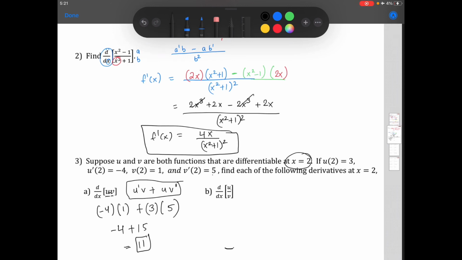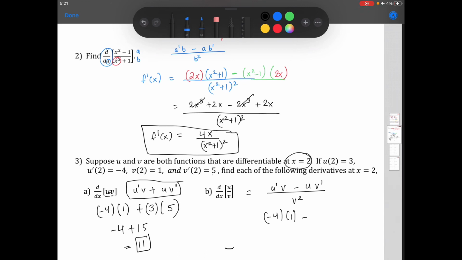Now it's telling you about the quotient rule. u is your numerator and v is your denominator. So the derivative of that is v squared, derivative of the numerator times the denominator minus the numerator times the derivative of the denominator. So again, I'm going to substitute it all in.